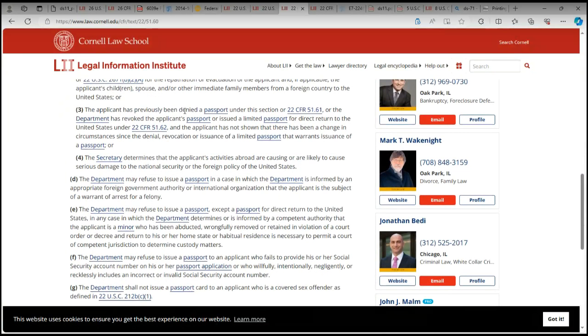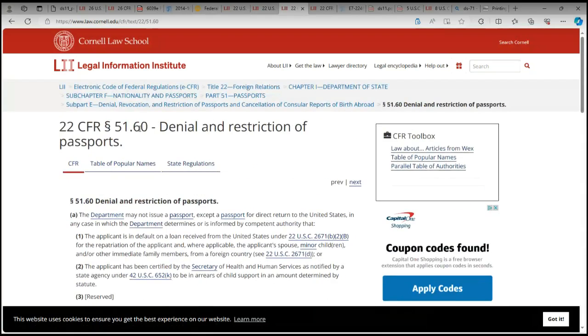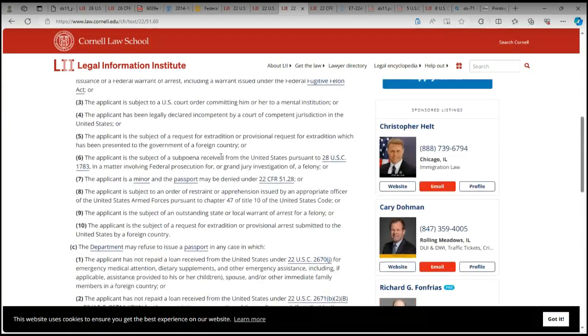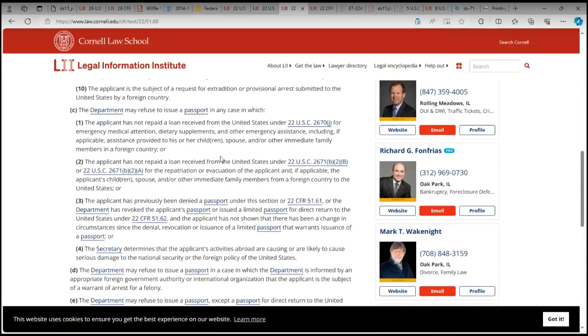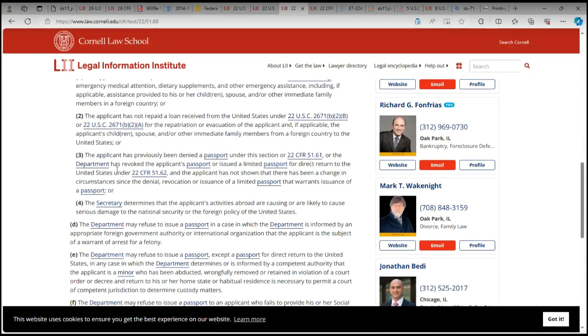Applicant has been previously denied a passport under section 5161, which we're going to look at, or the department has revoked the applicant's passport or issued a limited passport for a direct return to the United States under 5162, and the applicant has not shown that there has been a change in circumstance since the denial, revocation, or issuance of the limited passport that warrants the issuance of the passport.